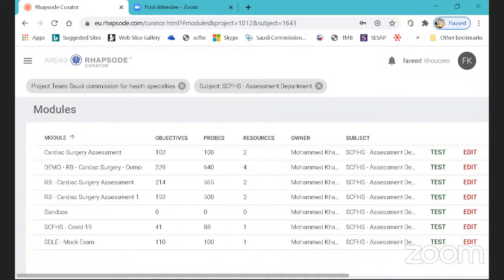Mine is experimental, so I don't know really what I'm going to see next, and I'm going to try to open mine, but go ahead, each one of you who has access. Open your cardiac surgery assessment. It's showing now, even for me. Yes, so it opened 5 minutes ago for everybody, and it's going to be open for 4 weeks, the whole month of February.